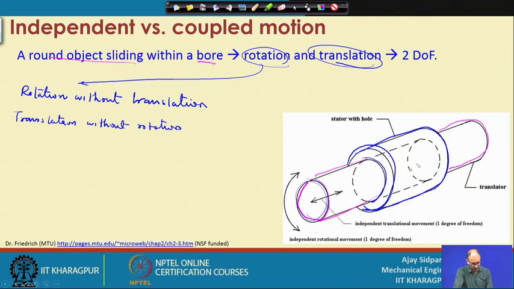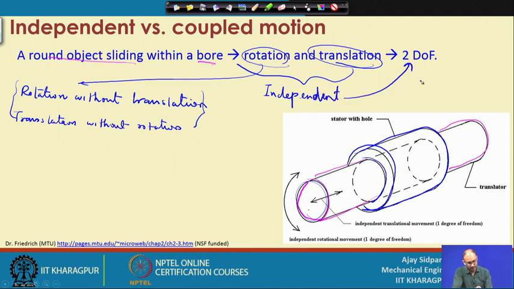That means you are just moving in a to and fro direction without rotation. If you do not want to move in the to and fro direction, you fix it at one location and rotate the middle part, the round object, then it is also possible. So, both things are independent. Correct, and that is why it has 2 degrees of freedom.